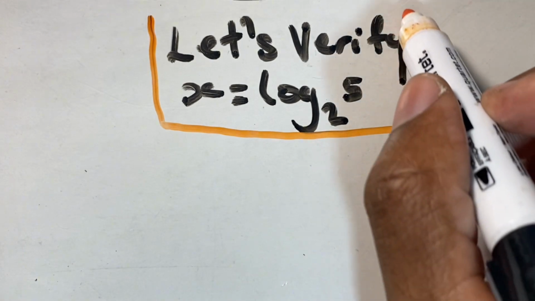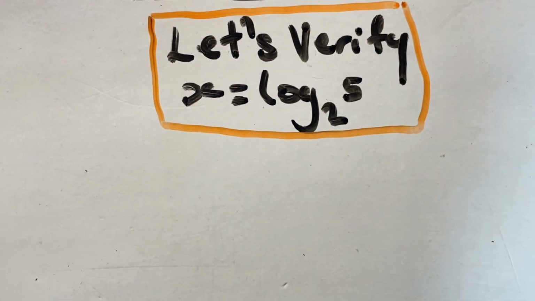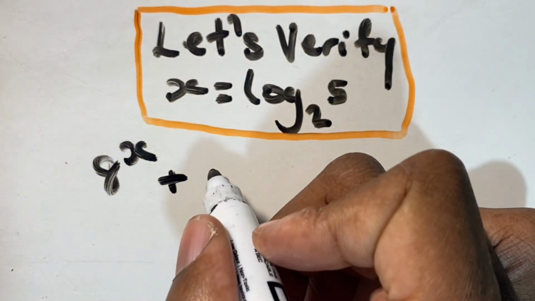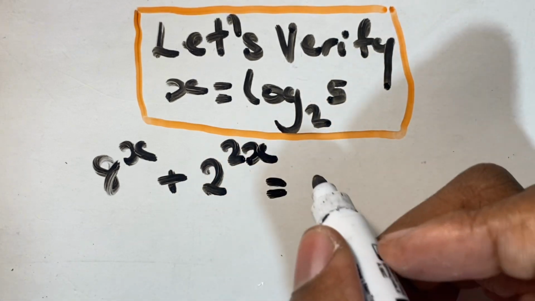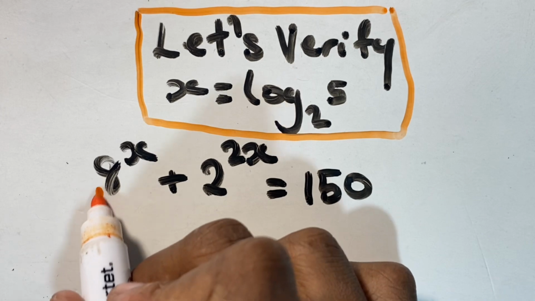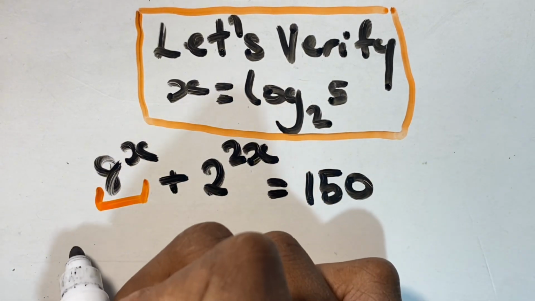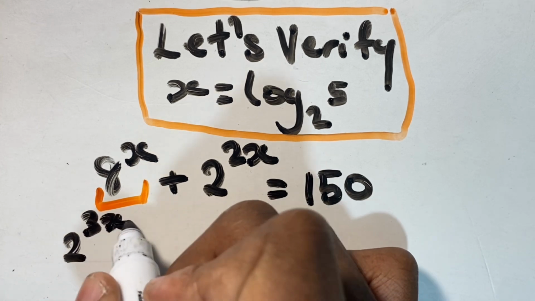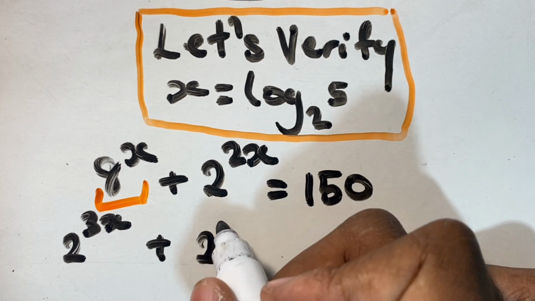So we're gonna go ahead and write back out our equation and simplify it, and then we're just gonna use some logarithm rules to see how we arrive at our solution. So we said that 8 to the power of x plus 2 to the power of 2 times x is equal to 150. We said before as well that we can simplify 8 to the power of x as 2 to the power of 3 in bracket powered by x, which is also simplified as 2 to the power of 3 times x.